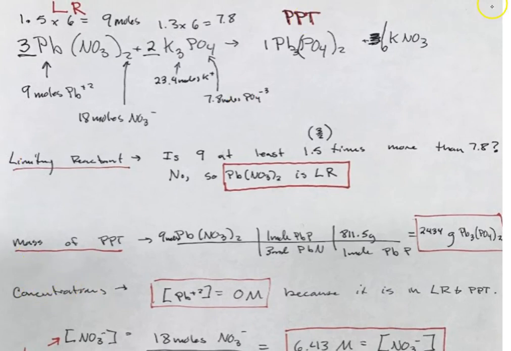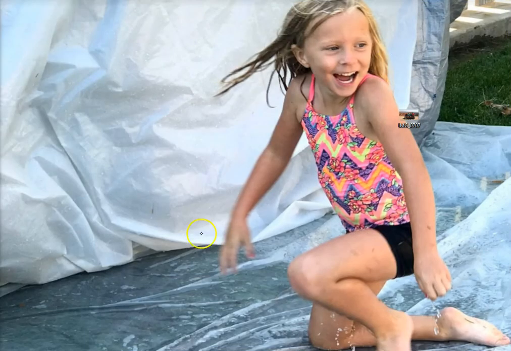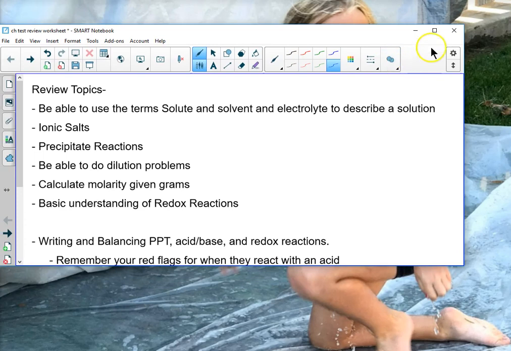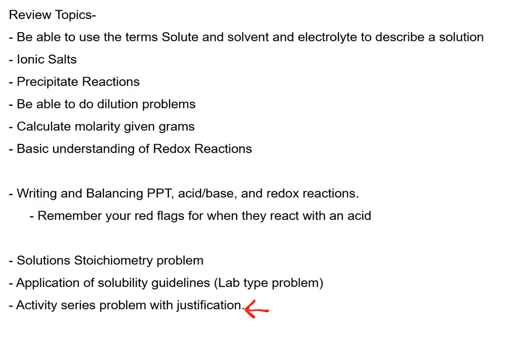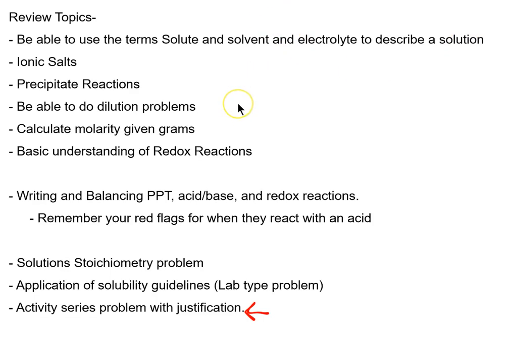Good. Now let's talk through this review sheet after we look at my kid on a slip and slide. It's definitely time to change it, right? I have their Halloween pictures. I should put those up. It's definitely not slip and slide weather anymore. Okay. I wish it was slip and slide weather also, because that would mean I wasn't working. Oh, sorry. Never mind. You like Halloween weather better?